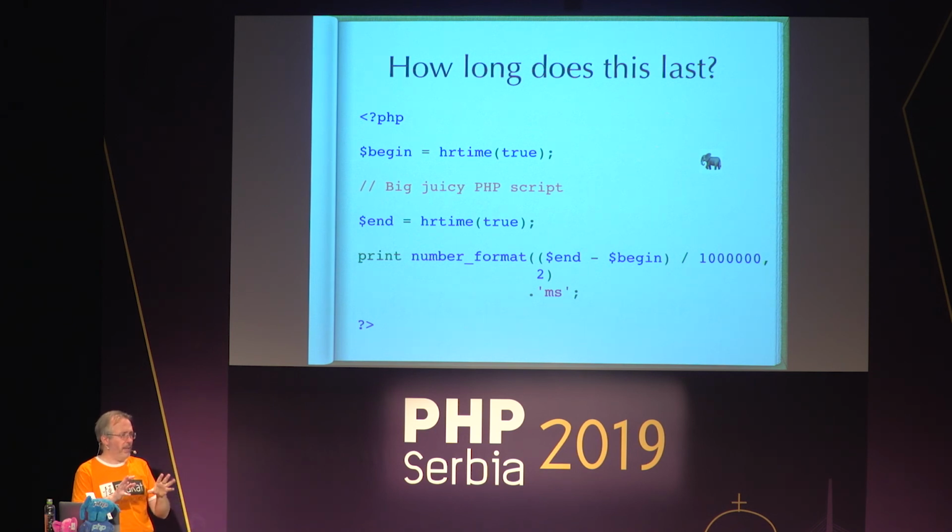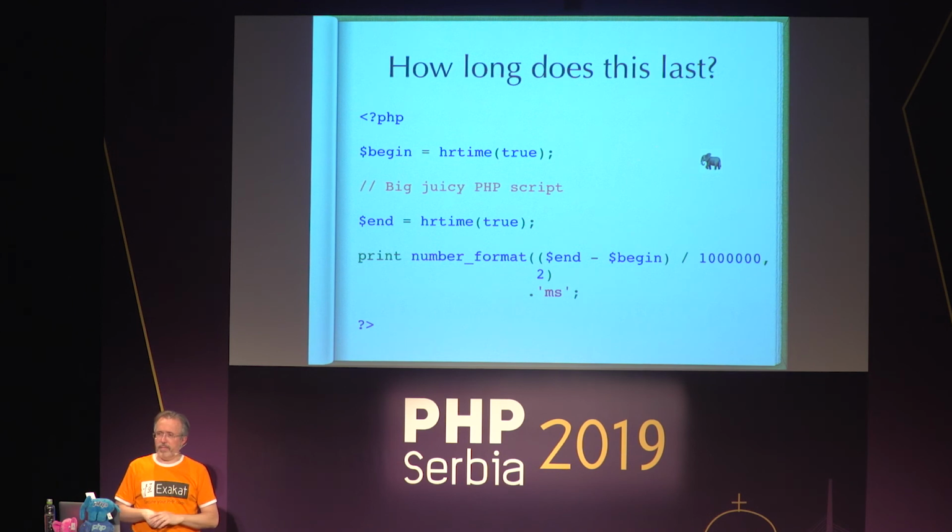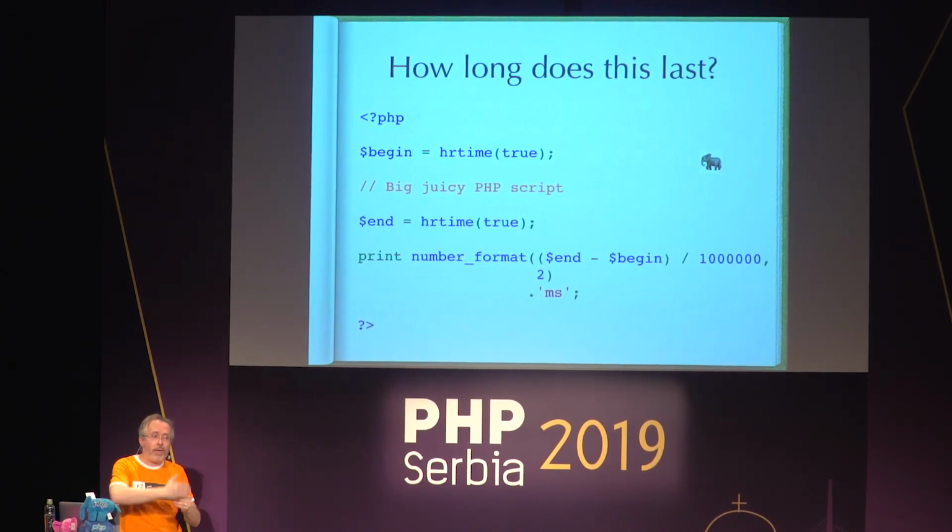Probably don't rely too much on the nanoseconds because it's kind of random, but it's more precise, and it's completely immune to changes on the system. This also means that you should not use the value of hrtime by itself because it's just kind of a random number. You're just sure that it will always grow with time passing, the time we and it share, not the system time, okay?